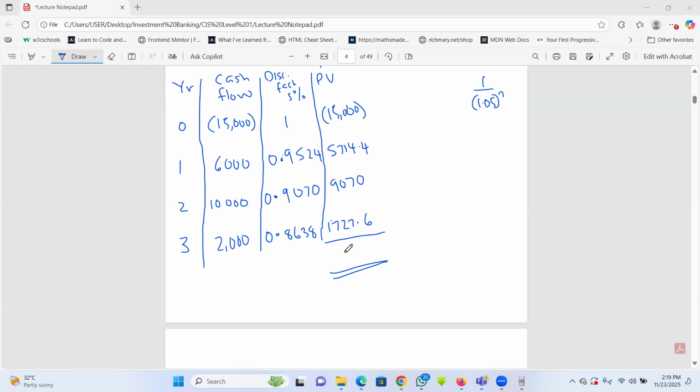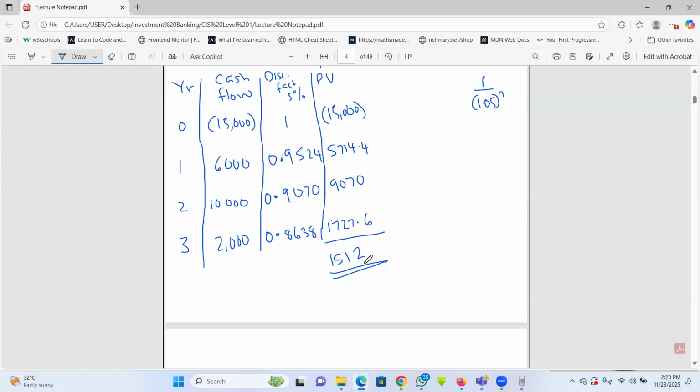Now, this is a positive value, right? This is our NPV at 5%.